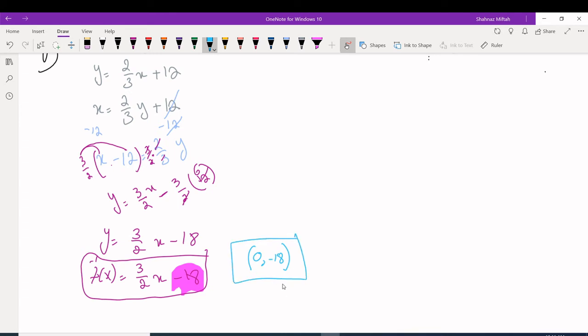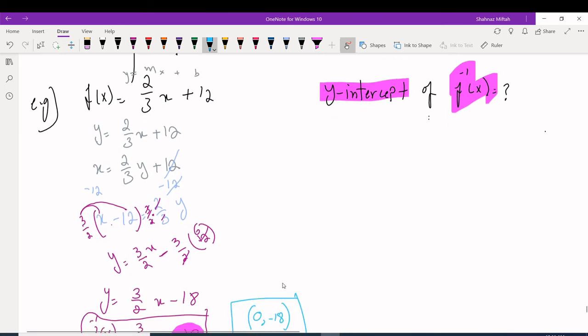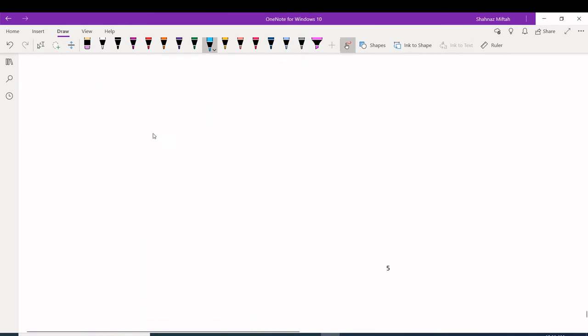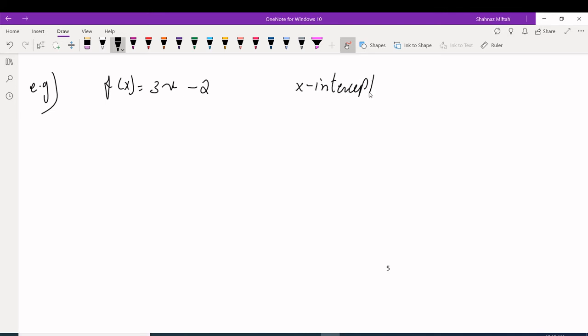Okay, let's go to finding the x-intercept of an inverse. So I'm going to go for another example. I have a function f of x equal 3x minus 2. The question is asking, find the x-intercept of the inverse function.